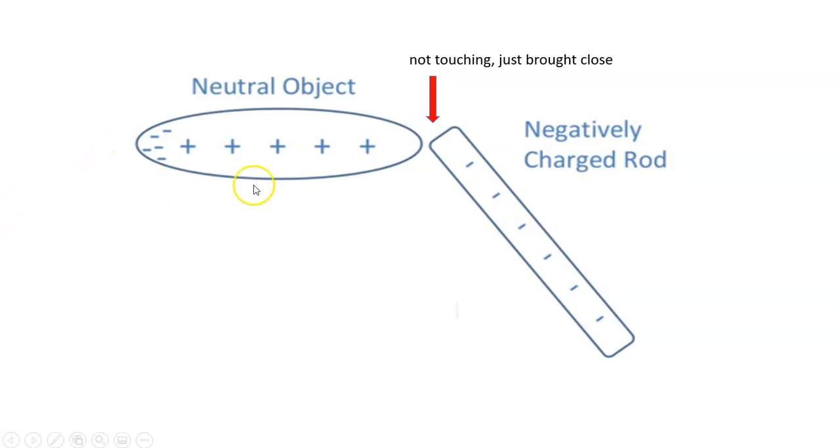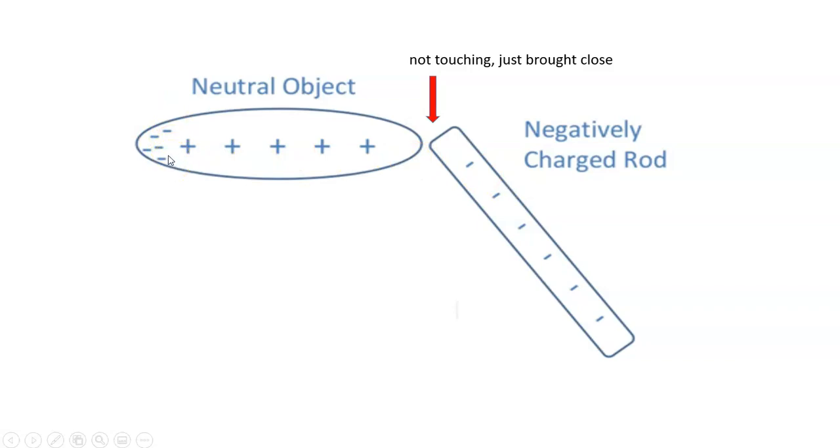The negative charges that were in the neutral object are repelled by this negative charge, because like charges repel. So they're trying to get away from this negative charge here, as far away as possible. Well, the furthest place they can go is this side of the neutral object.